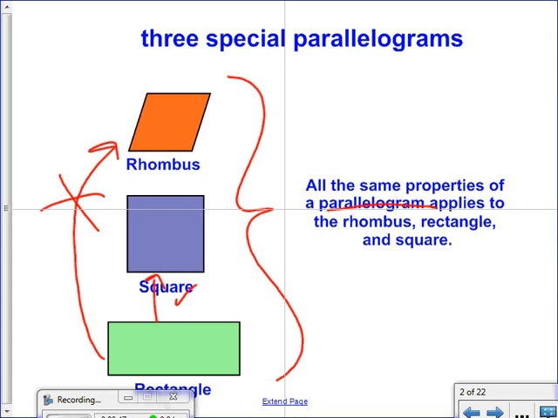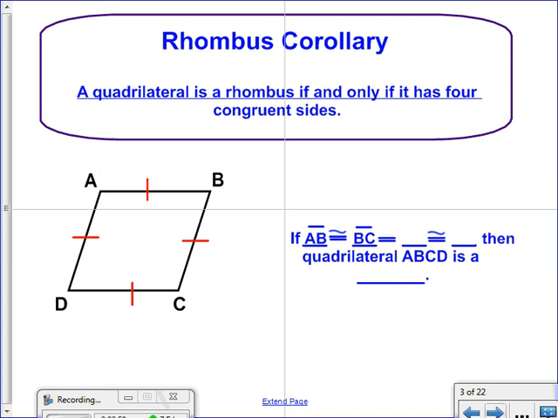The rhombus corollary kind of defines what a rhombus is. It is a quadrilateral that has four congruent sides. A quadrilateral is a rhombus if and only if it has four congruent sides. So if we know that this and this and this and this are all the same, then we know that we have a rhombus.